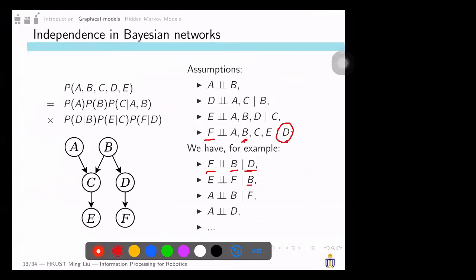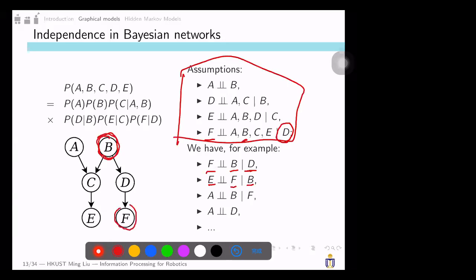Given B, E and F are independent. You cannot directly see that from this assumption anymore, right? But from the graph, given B, F and E are independent. This is something you have, right?